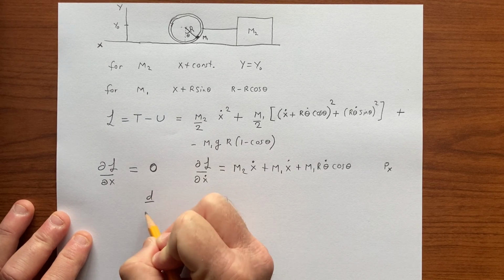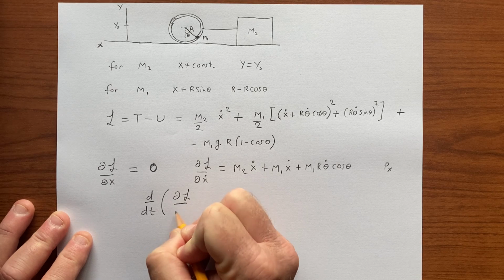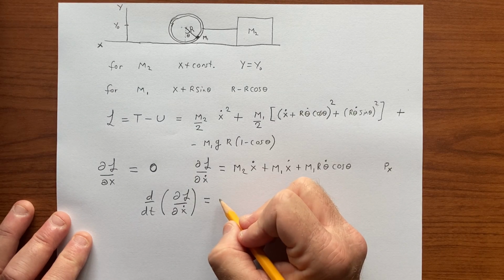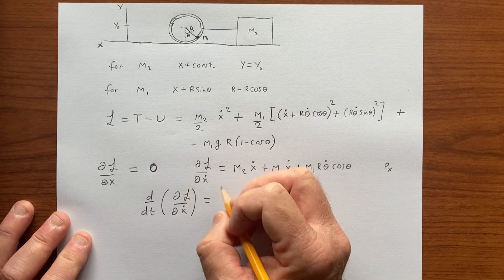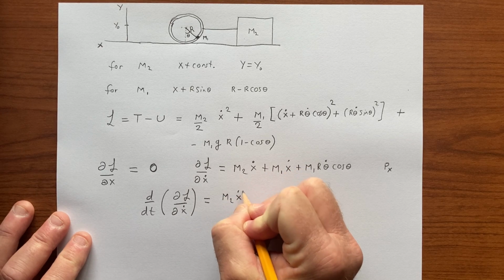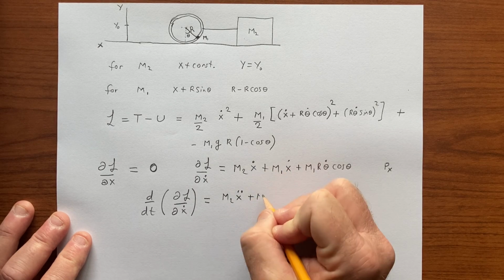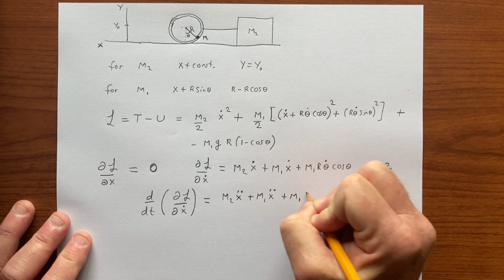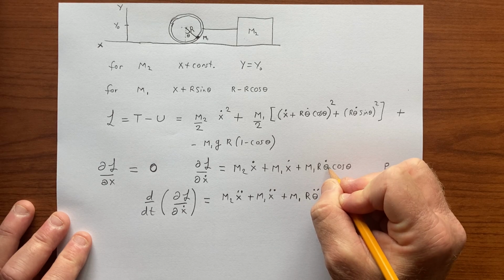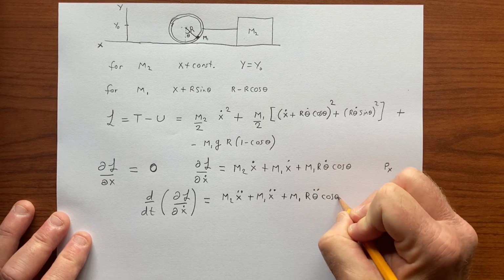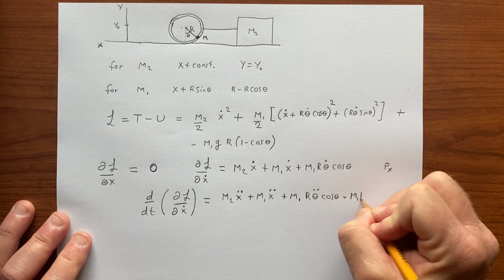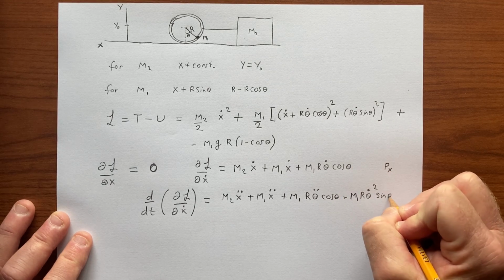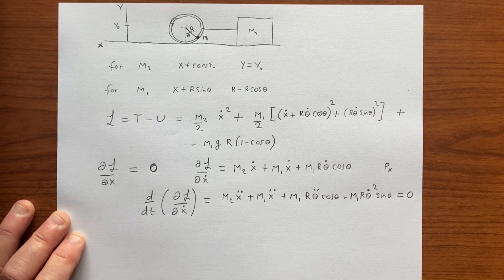If we take a d by dt of dL by dx dot, this is going to be equal to 0, because this quantity is a constant, and so we get m2 x double dot plus m1 x double dot plus m1 r theta double dot cosine theta minus m1 r theta dot squared sine of theta, because we were taking the derivative of this, and that has to be equal to 0.